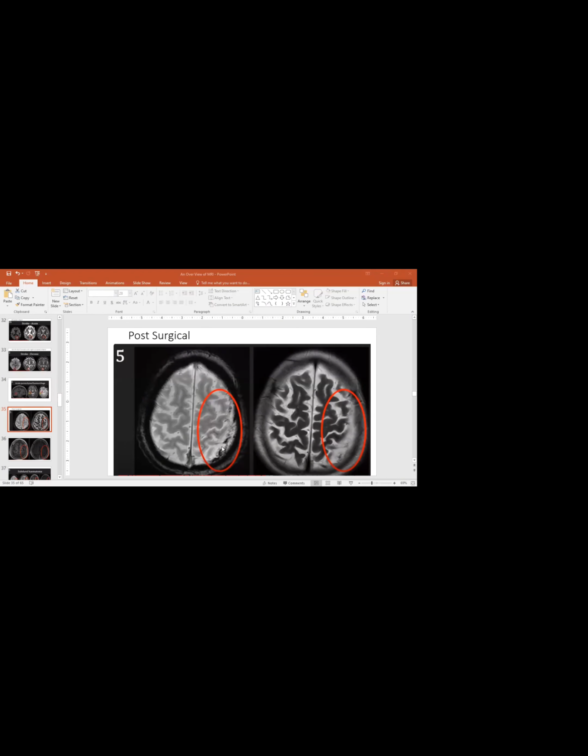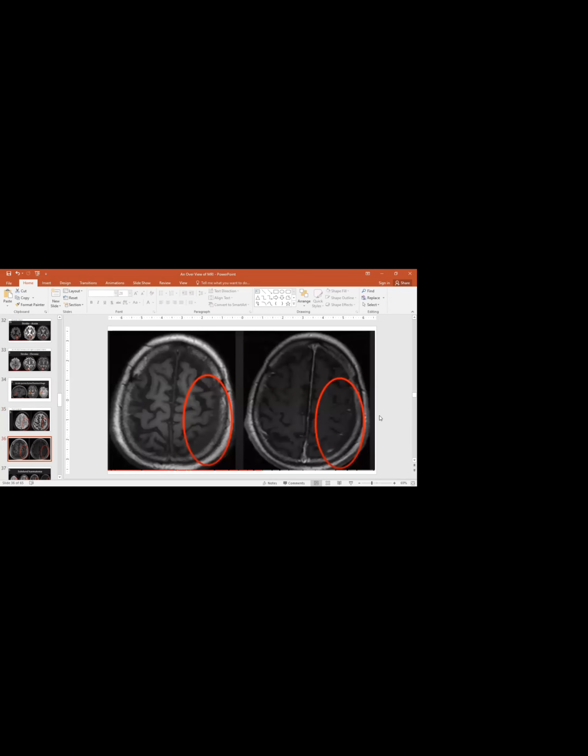There is another case. A man, 75 years of age, had brain surgery. After brain surgery, he got some problem, and then MRI was done. In MRI, it was seen that this is the skull bone.